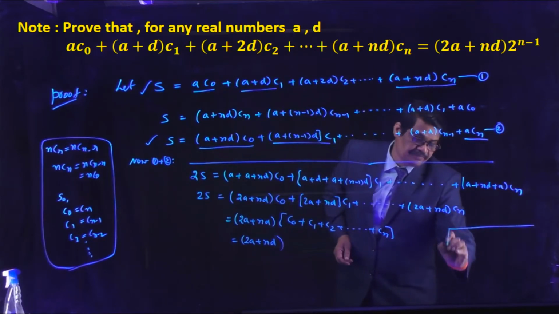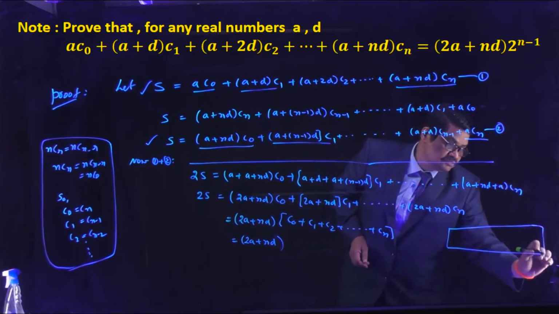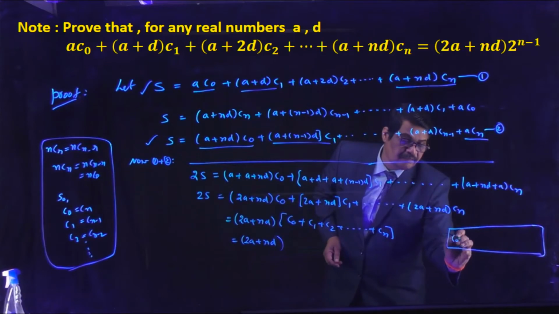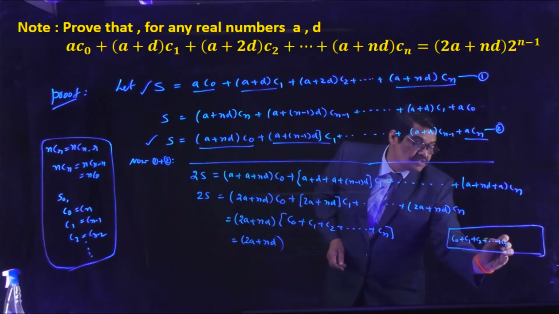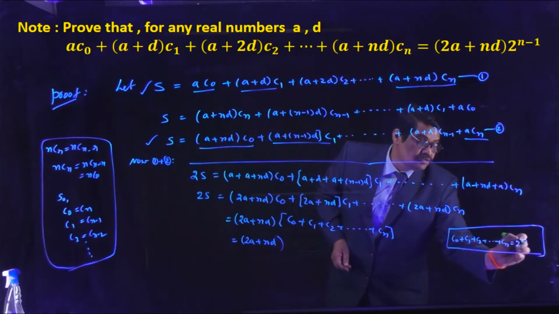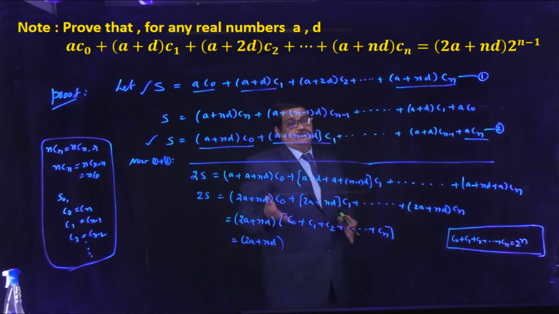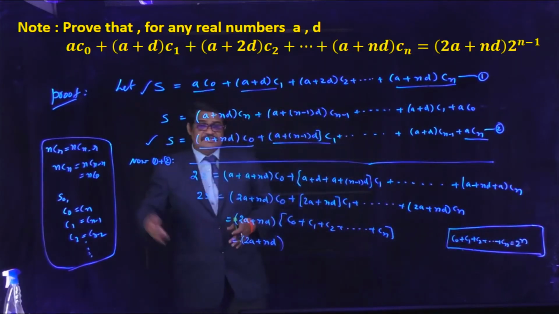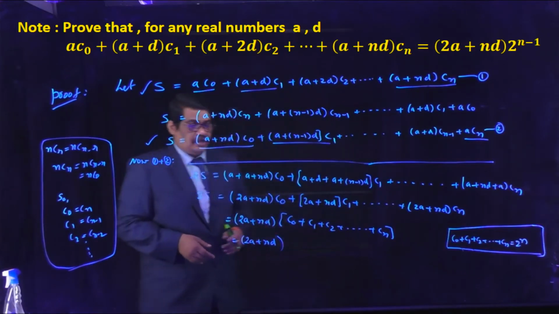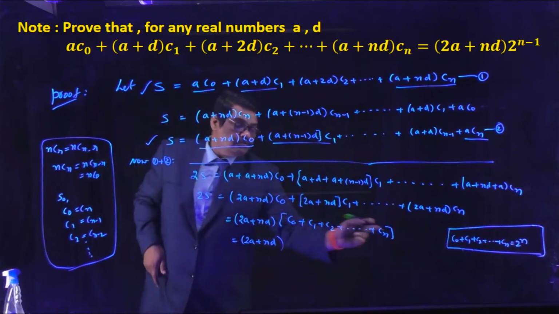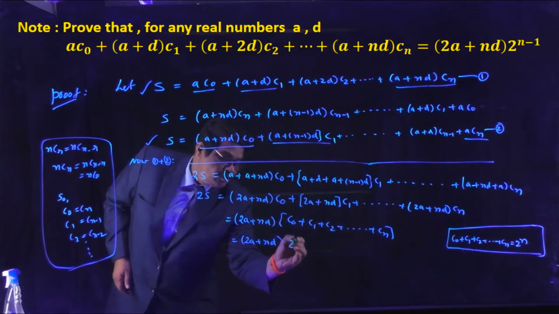This is the formula. The sum of the binomial coefficients C naught plus C1 plus C2 and so on Cn is equal to 2 to the power of n. This result we discussed in the previous class. So the sum of the binomial coefficients is 2 to the power of n.